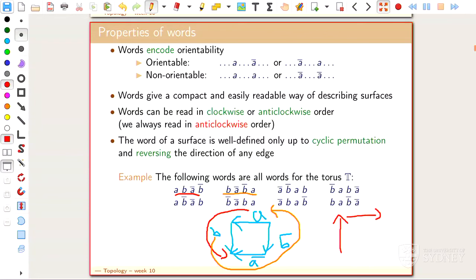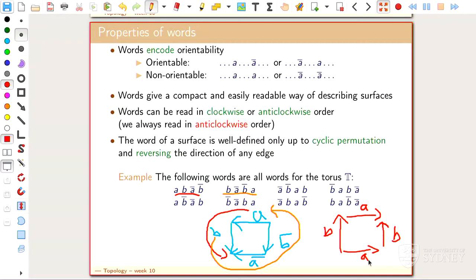If I just redirect all edges, it's also the torus: B, B, A, A. Because essentially we only use the orientations to glue things together. But if you change both orientations at the same time, the gluing just turns around and it's still the same gluing. You just kind of turn your head around.